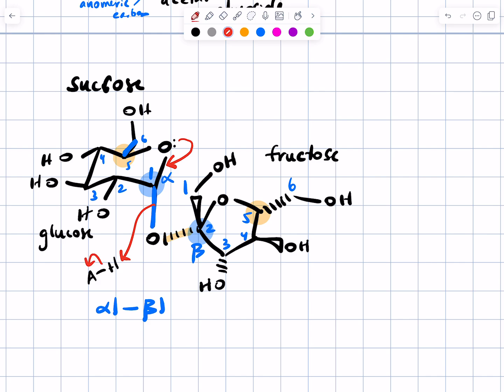From that point, the individual monosaccharides can then proceed to form additional glycosidic linkages with each other. Yeah? So for the fructose, 2 is the hemiacetal carbon? So in fructose, this is the anomeric carbon, yeah. Anomeric, yep.